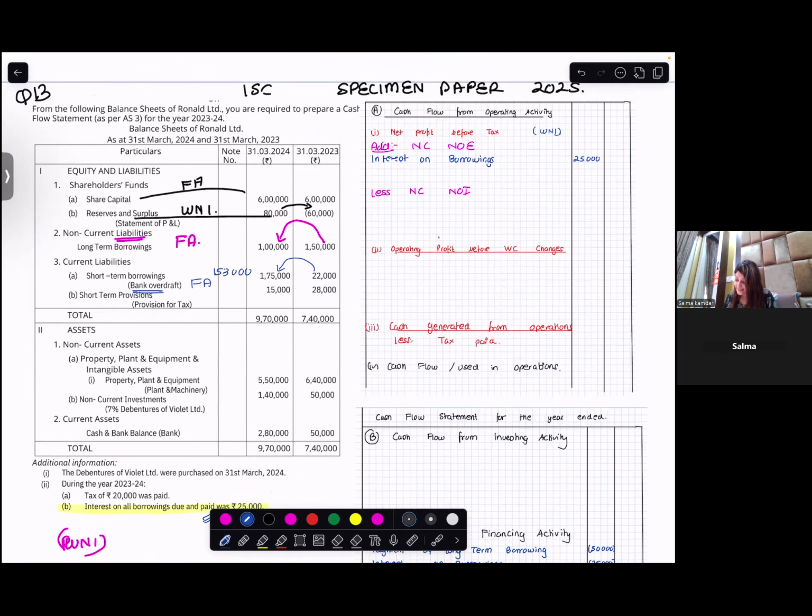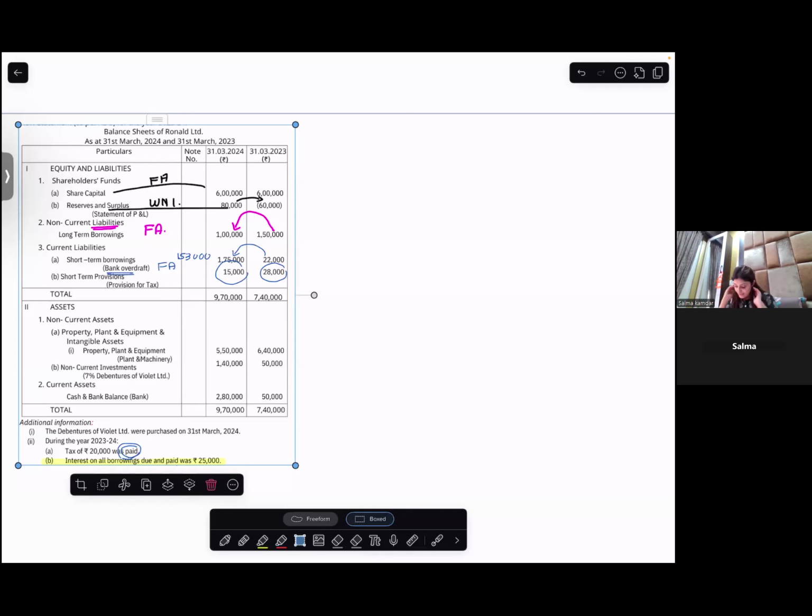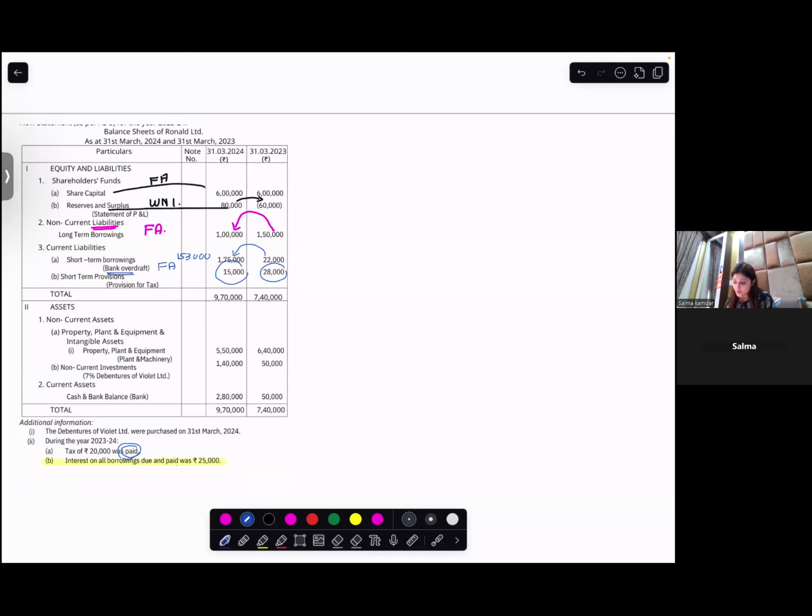Tax is always a very sensitive item. You have opening provisions, you have closing provisions, and you have tax paid. Okay. You better make an account when you have more than two things given for tax. And this account you need to memorize how to prepare it. So as we said that whenever there is tax, you will prepare a provision for tax account.